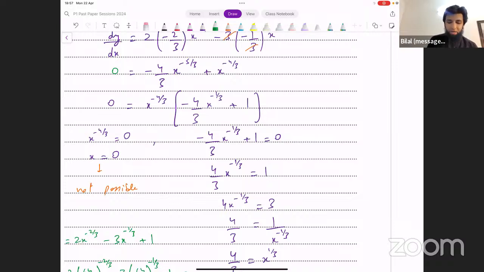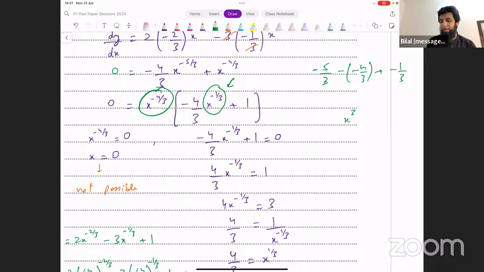If I'm taking x power minus 4 over 3 common from x power minus 5 over 3, just subtract this power from minus 5 over 3. What are we left with? Minus 1 over 3. That's what you get inside. Just like from x cube, if you take x square common outside, inside you're left with 3 minus 2.